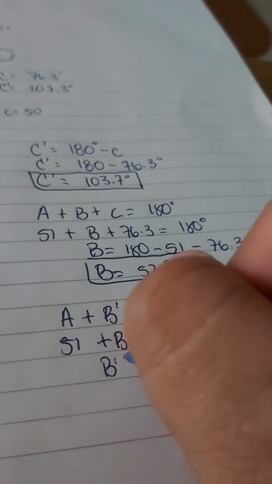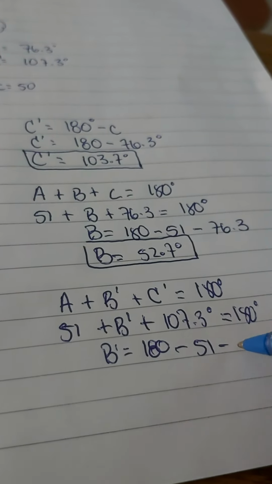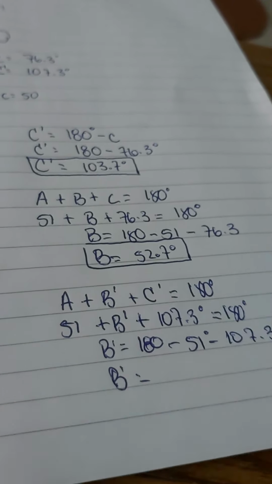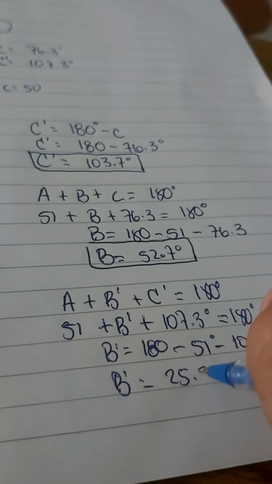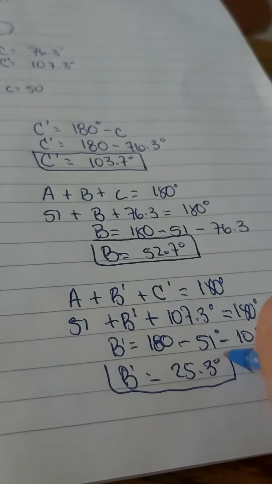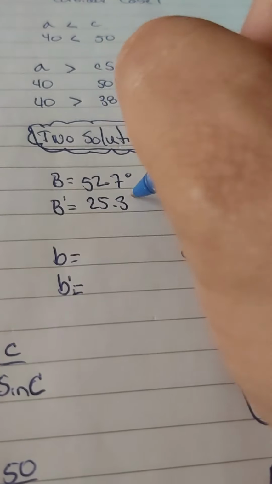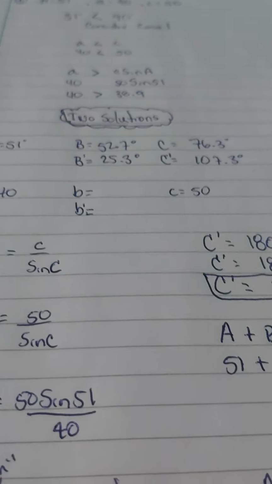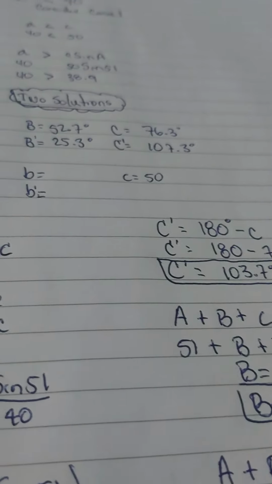So angle B prime equals 180 minus 51 minus 103.7 degrees. B prime will be equal to 25.3 degrees. Now, all we're missing is side B and side B prime.